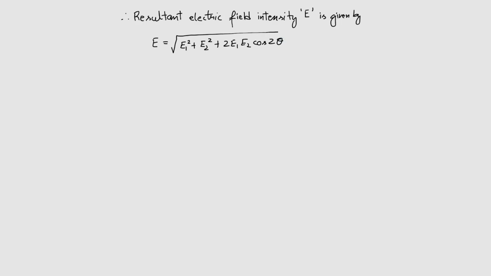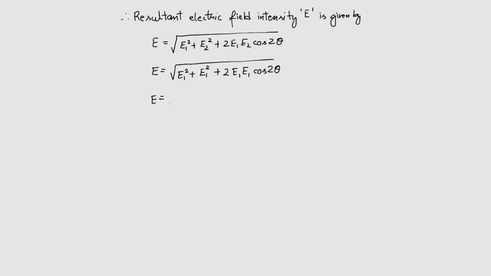So E is equal to root over E1 square plus E2 square plus 2E1 E2 cos 2 theta, but since E1 is equal to E2, I can write E1 square plus 2E1 times E1 cos 2 theta.